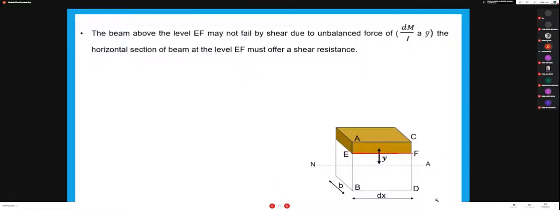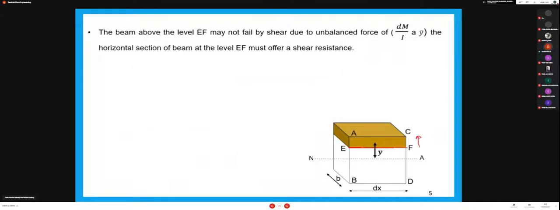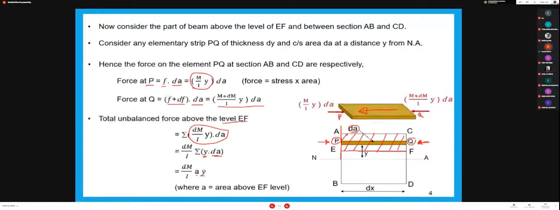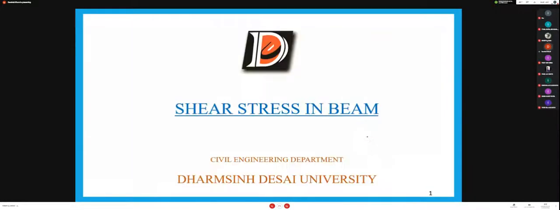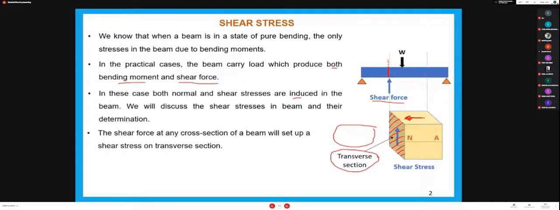Now, this is our EF level, and we have considered the whole section above it. So the total unbalanced force is this dM by I into A into y bar. The horizontal section of a beam at the level EF must offer a shear resistance, meaning whatever the unbalanced force is, it acts here. In the previous slide we saw that complementary shear stress is produced by this force.